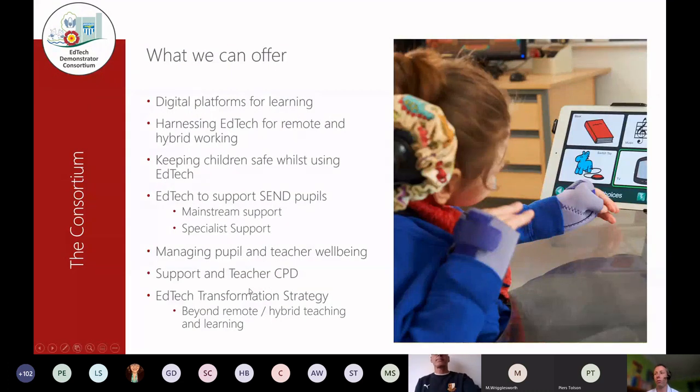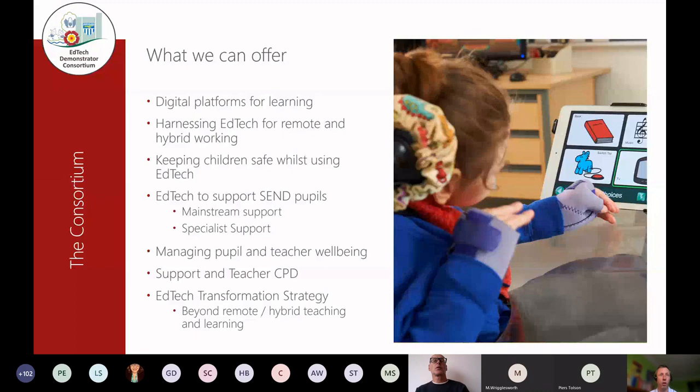So in terms of a consortium, we've got the ability to offer a wide range of things, ranging from digital platforms, which we're looking at today with Teams, about how to harness EdTech for more remote and hybrid working. I think one big aspect as well is how we can keep children safe whilst using EdTech in this remote way.